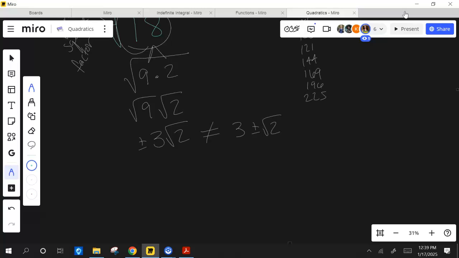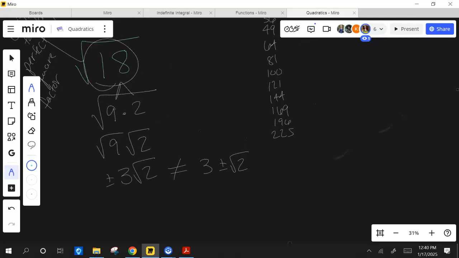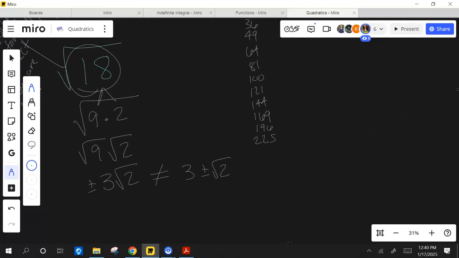I like square roots when it's like one number. All right. Who asked me to pause here? Boys. Simplify. Mark said go.